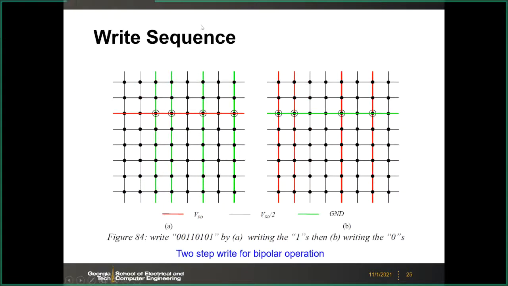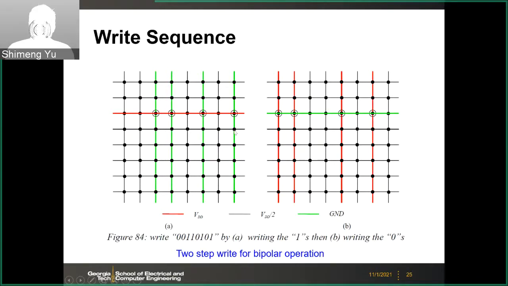If you want to write multiple cells, you can do that in sequence. For example, if you want to write this word line or this page, this is the data you want to write in. First you can write the ones. You can do that in parallel. So you have V here and ground all the cells that you need to write to 1.